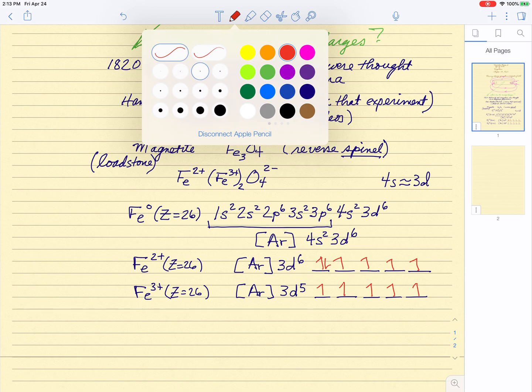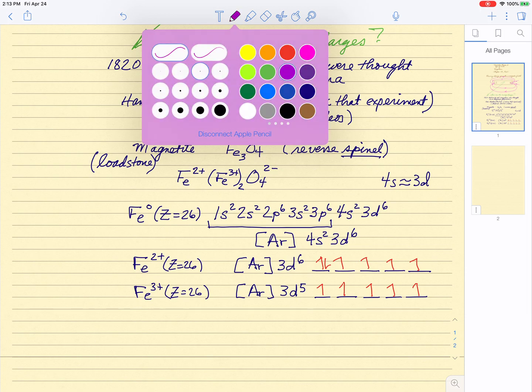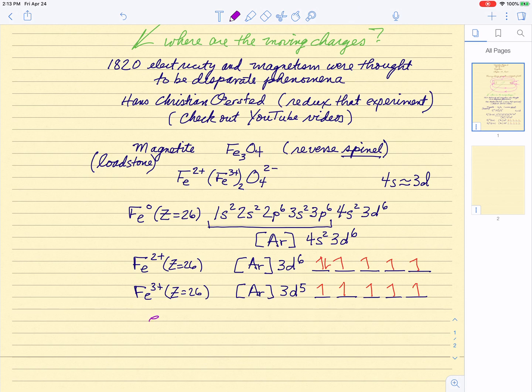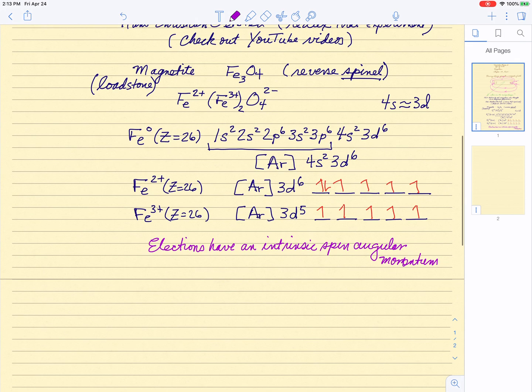Now, you remember, I hope, the notion of electron spin. So electrons have an intrinsic spin angular momentum. Now that's a mouthful, okay?